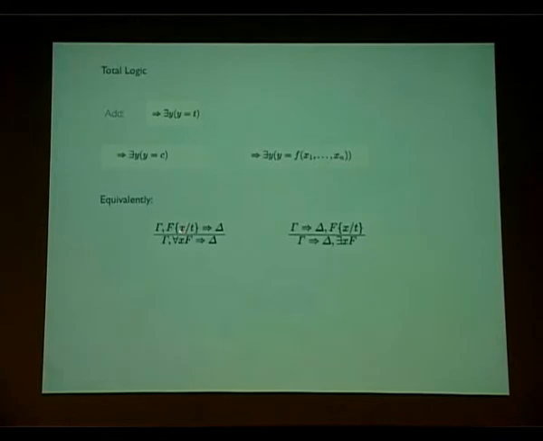It's okay. This is equivalent, and so in this way you see total logic as logic plus every term exists, in agreement with Quine's dictum to be the value of a variable.